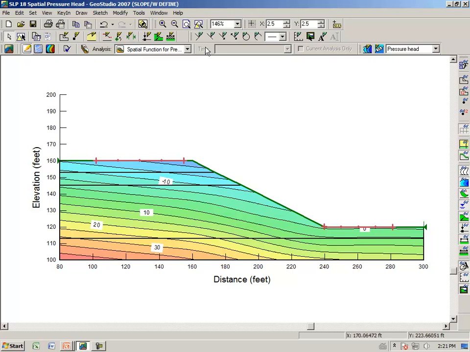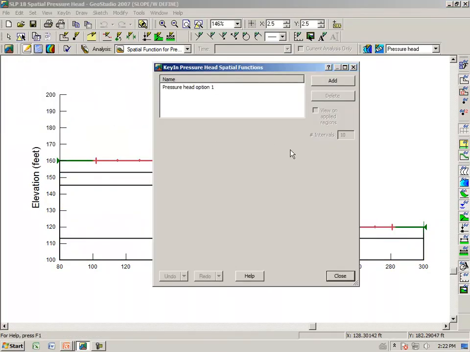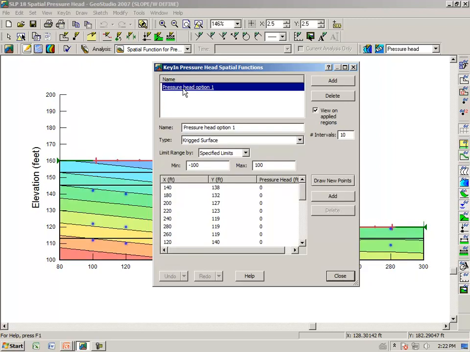Once again, it's useful to click on the All Objects Zoom button. And it's probably best to illustrate how this works by saying Key In, Spatial Functions, Pressure Head. In this case, we have one pressure head function. There could be several pressure head functions for different materials, but usually one pressure head function is adequate.